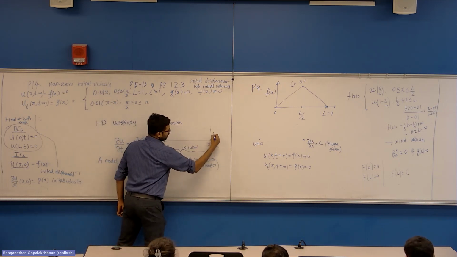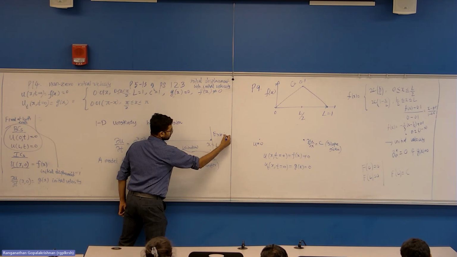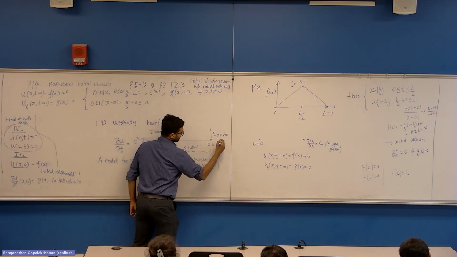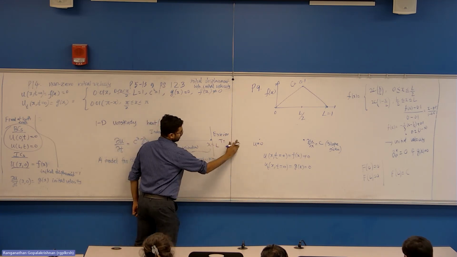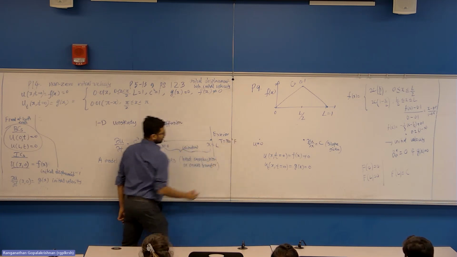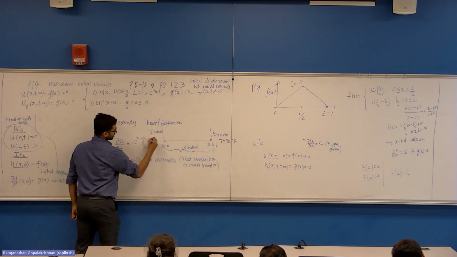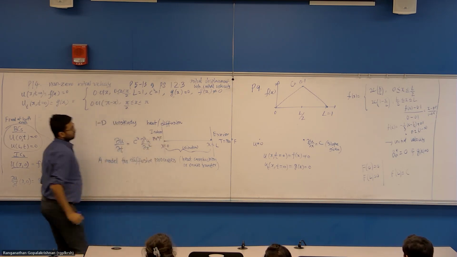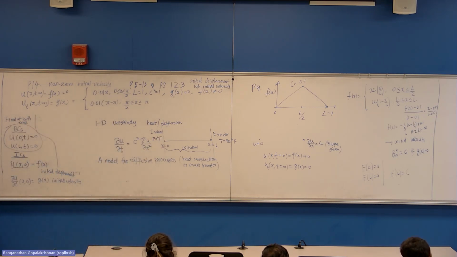And x equal to L represents the exterior. So the temperature here, let's say, is like, what's today's temperature? 80 degrees Fahrenheit, let's say. And indoor is, say, kept at 70 degrees Fahrenheit. How will the heat propagate, or how will the temperature distribution evolve, is the question.